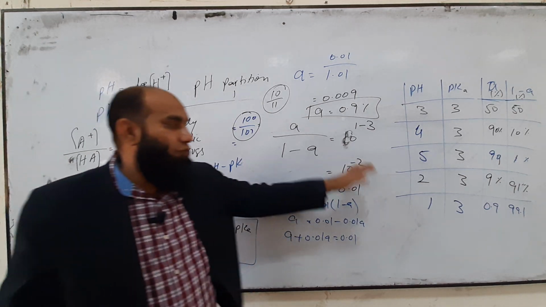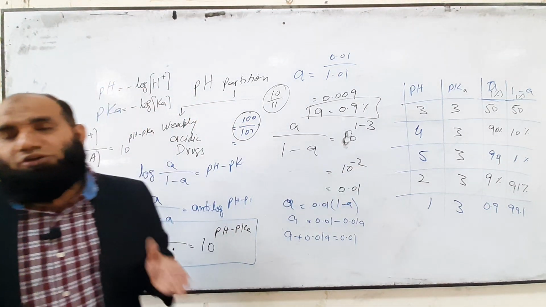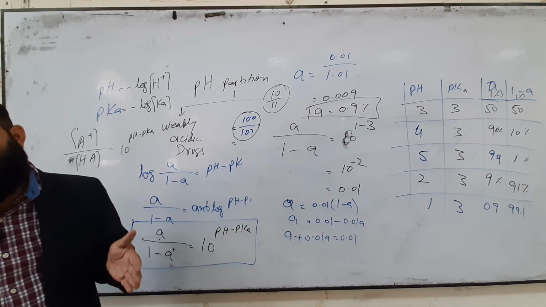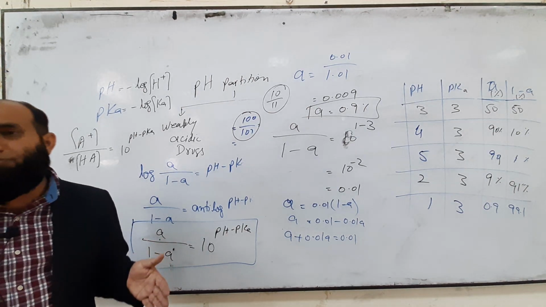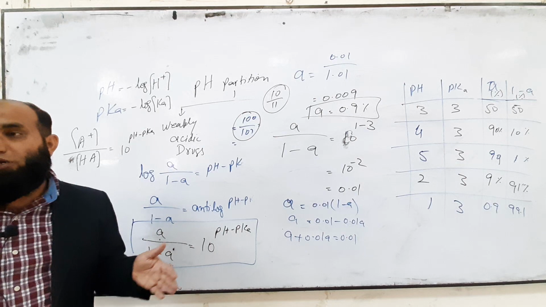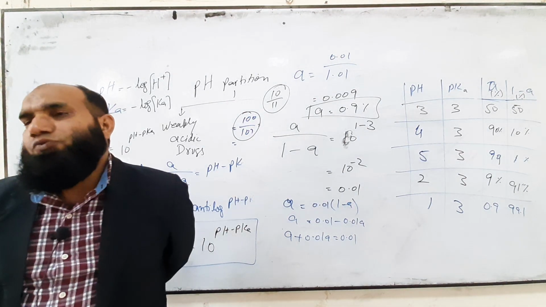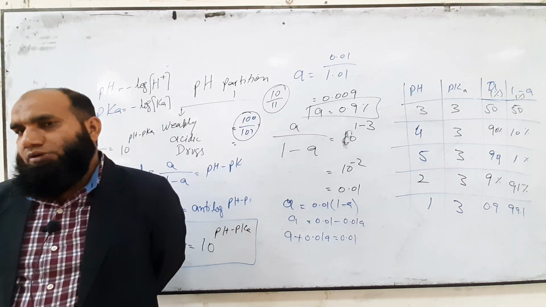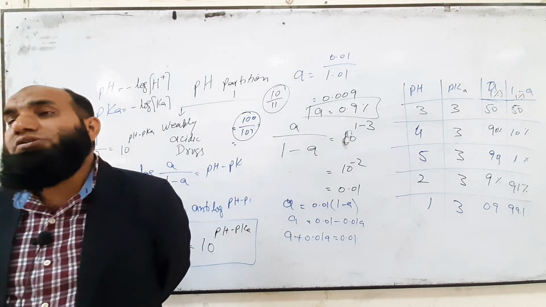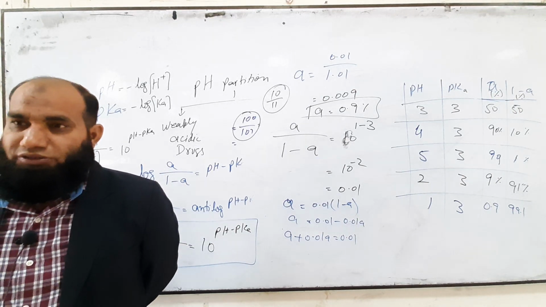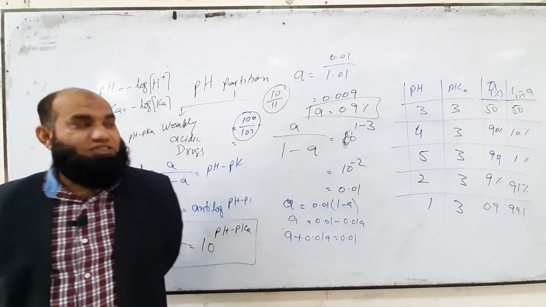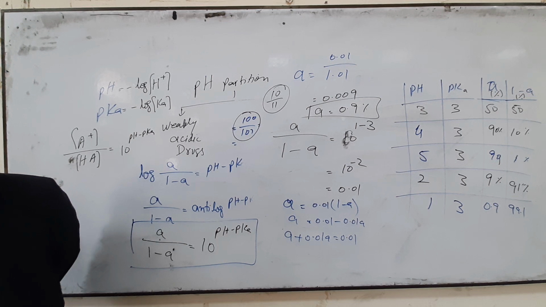And in case of the difference of negative 2, ionized formation is only 0.9% and unionized 99.1%. It means if we have an empty stomach and we are taking aspirin, with pH 1 or 1.2, then it's assumed that maximum drug will be in unionized form.